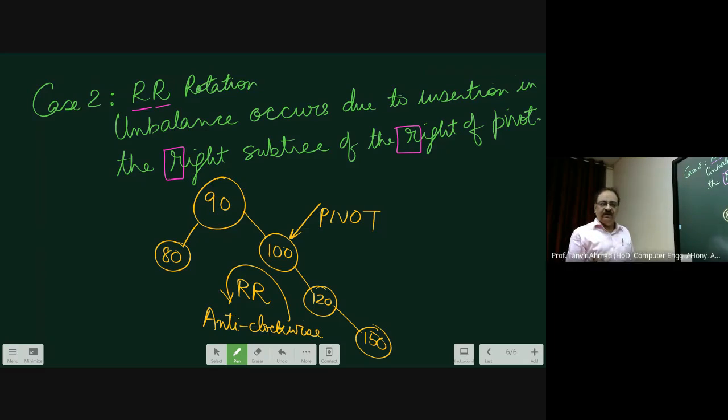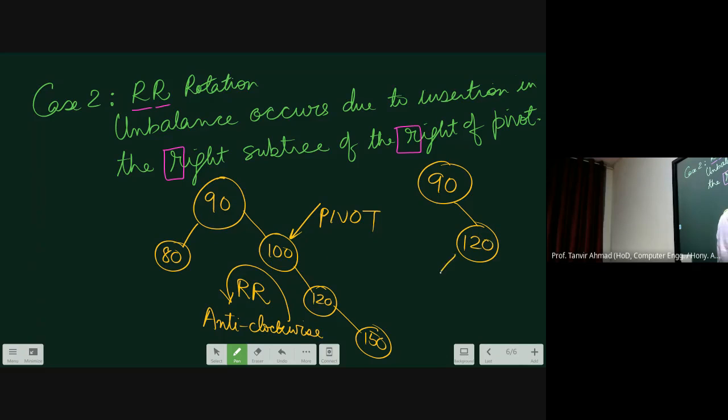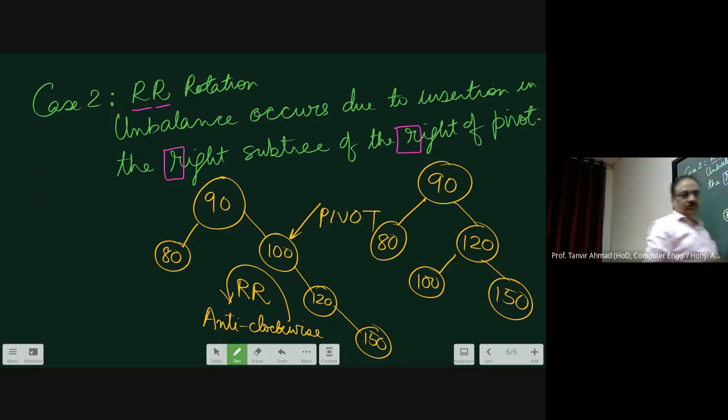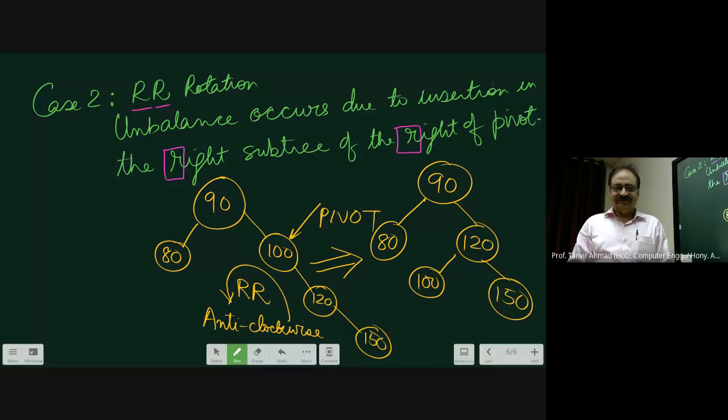And once I do this, 120 will rise, 150 will also rise up, 100 will go down from that point. Now in that case, this will be the resulting tree. Now this will convert to this. Why?